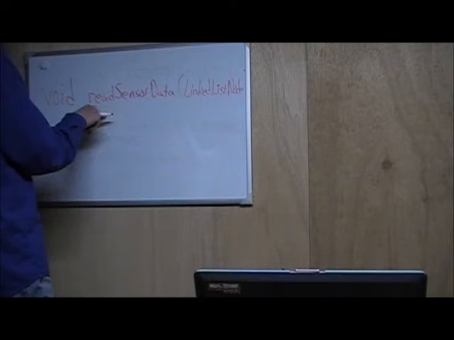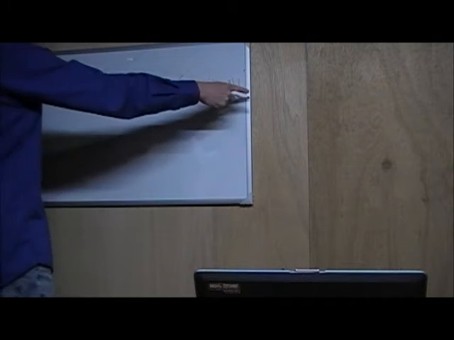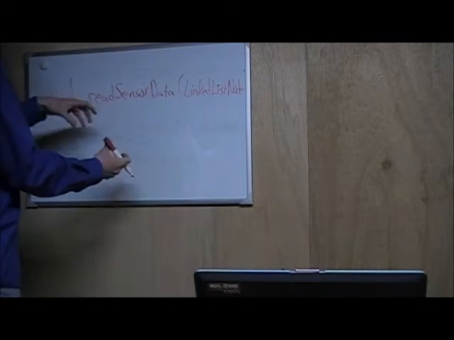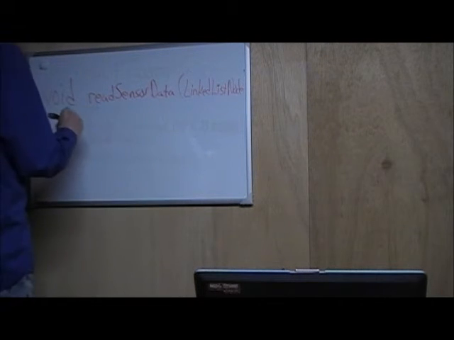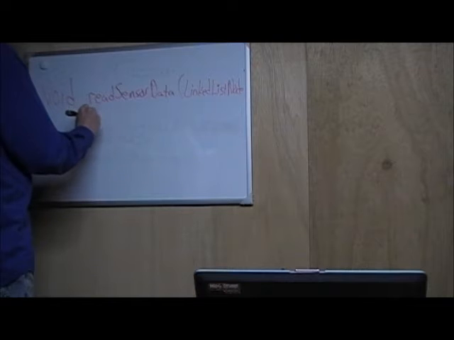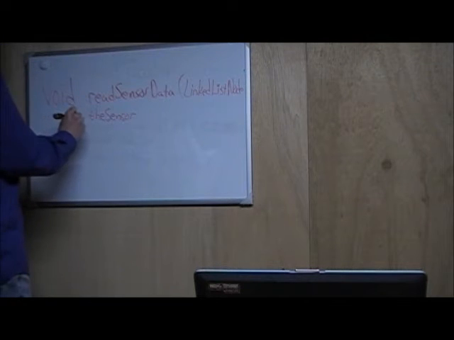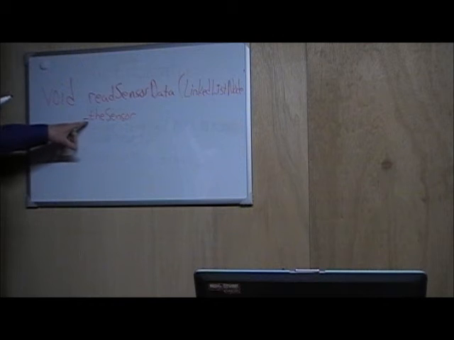Okay, and then I'm going to drop this down right here because I need the name of that. What am I going to name that local parameter that's going to exist in my function? And I'm just going to call it for now the sensor. Okay? And what I'm avoiding right now goes right here.